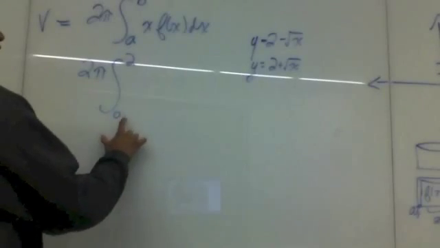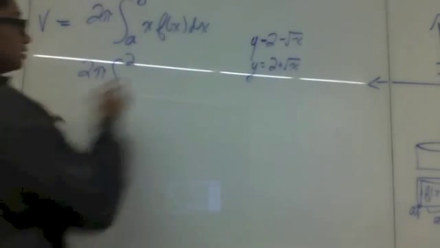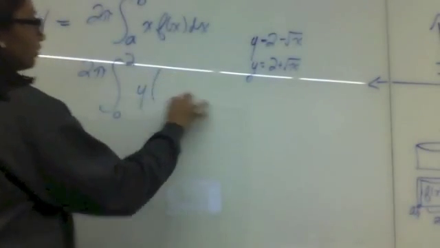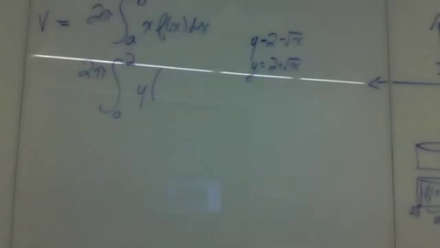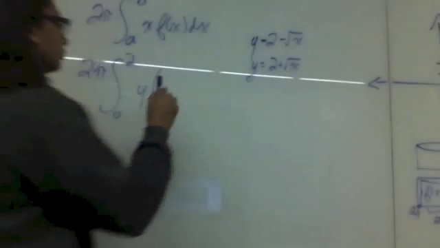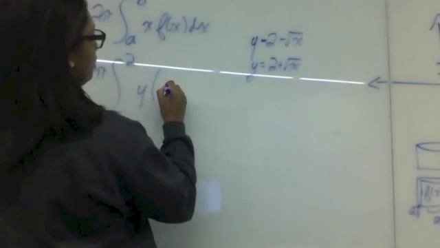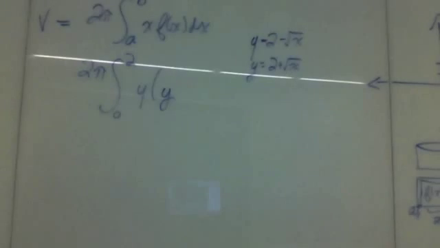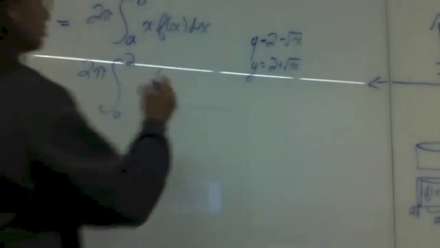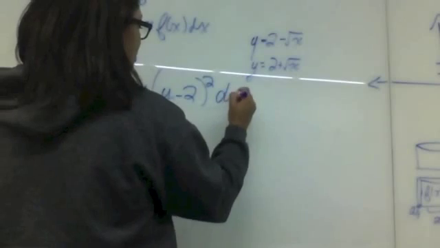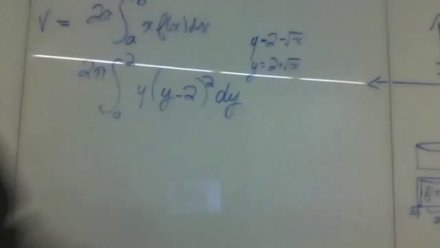And so from 0 to 2 on the y-axis, we have y multiplied by our function, which is (y minus 2) squared dy. This is where we're evaluating that function.